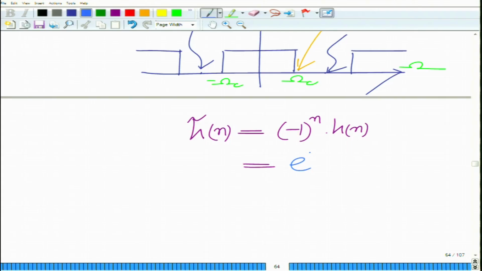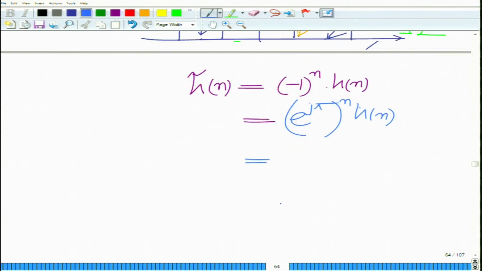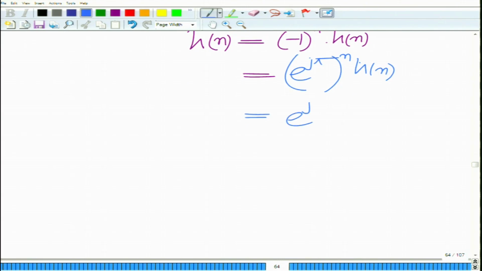So, this is e raised to j pi n times h[n], and you can see this is modulation in time. This is of the form e raised to j omega naught n. So, we use the modulation property.